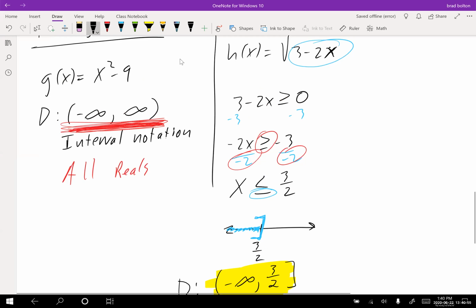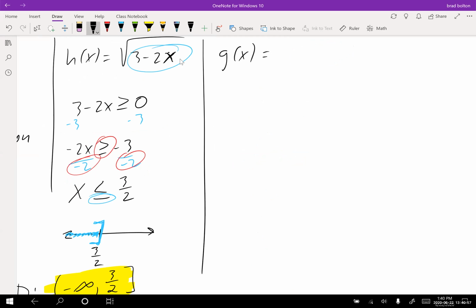Now let's try one more. So now let's say that I have g of x equals x plus 4 over x squared minus 2x minus 3. Okay, so in order to find the domain, we have to look for where it breaks. Well, a fraction has a problem when the denominator is 0.